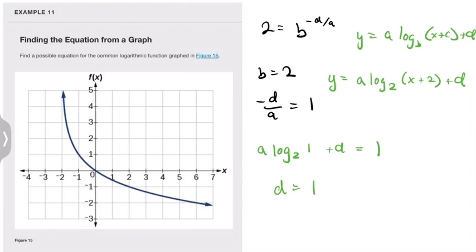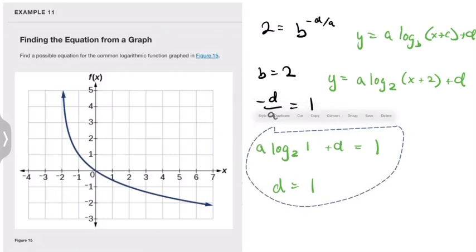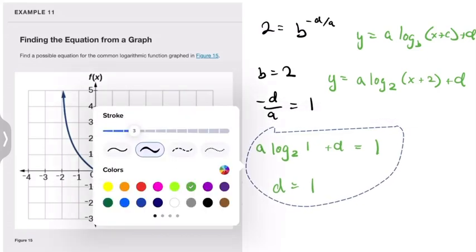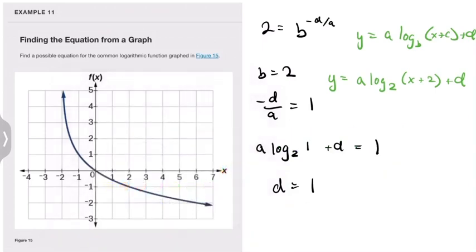So then if d is 1, from here we get d equals negative a.